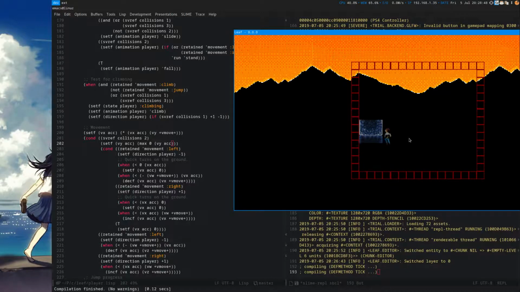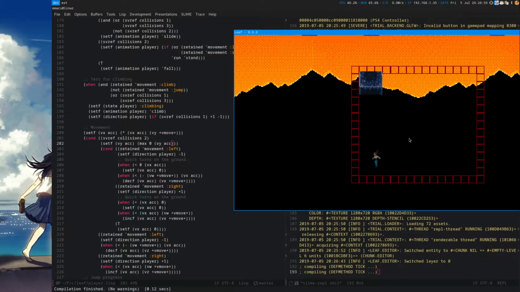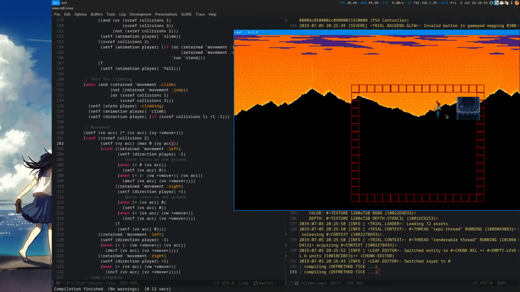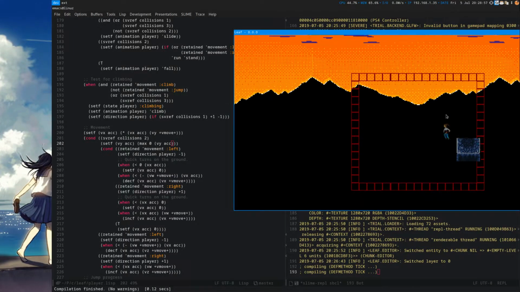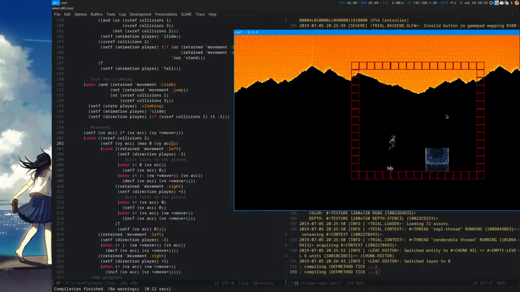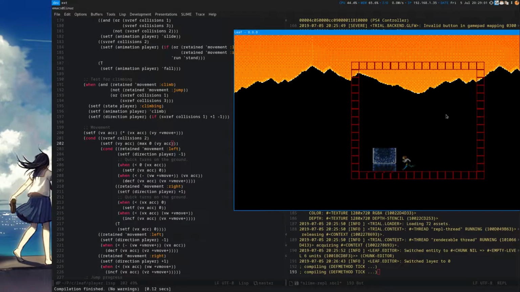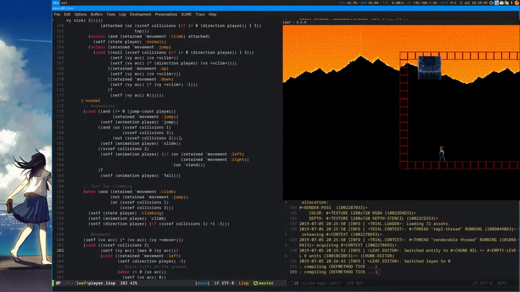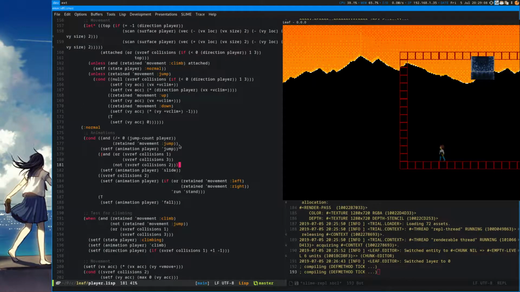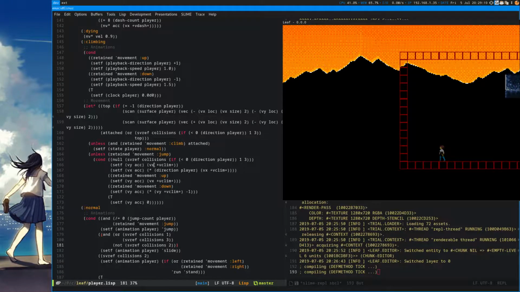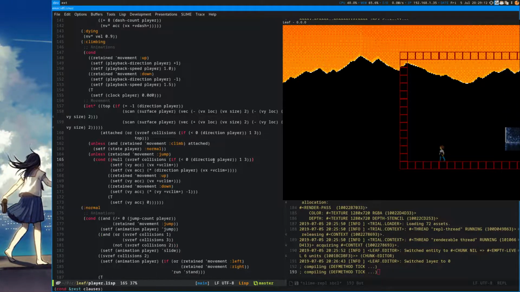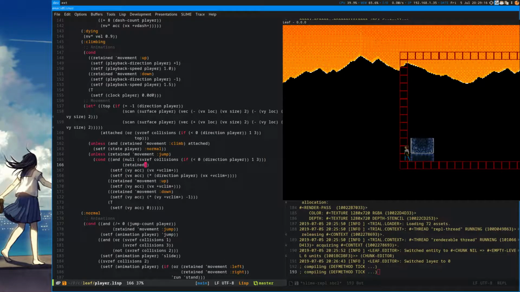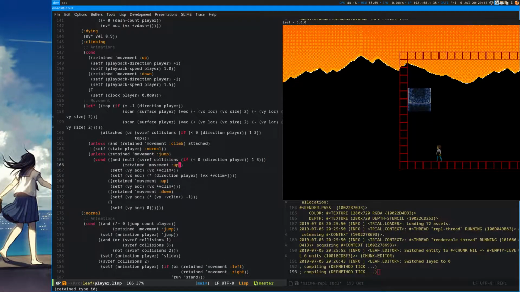Also, I just noticed an interesting thing done by the corner pushing. If you hang down a ledge, yeah, okay. It doesn't drop you down immediately, it pushes you right. So, let's see. Where is that? If we don't have anything and up.